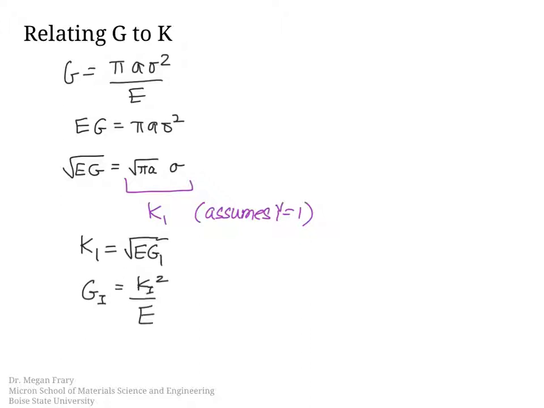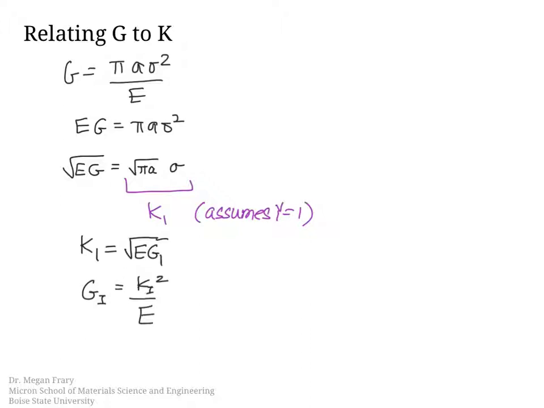So whether we know K or we know G, the strain energy release rate, we can easily move back and forth between them for a given material, assuming that we also know the elastic modulus.